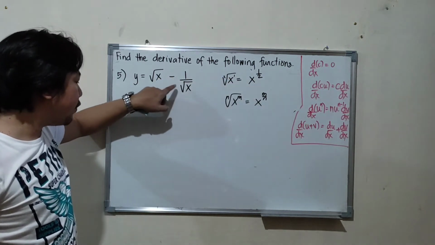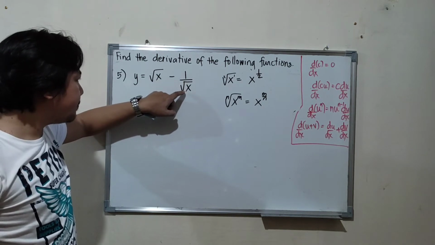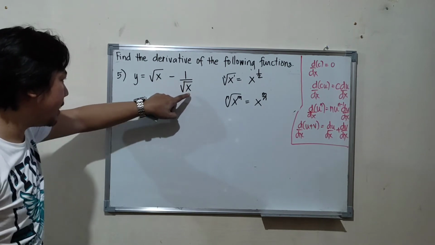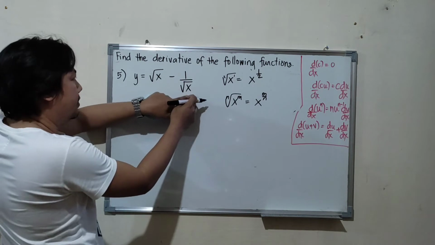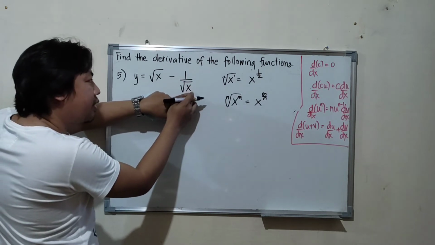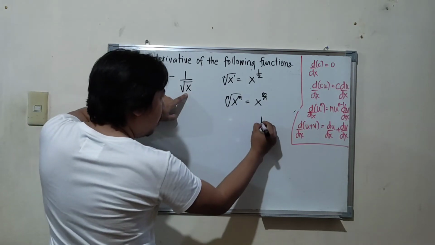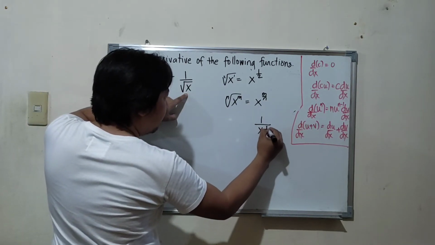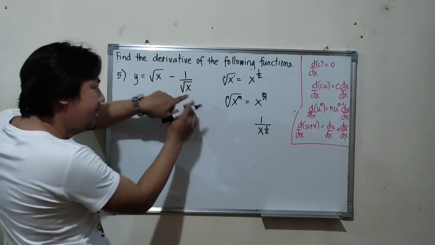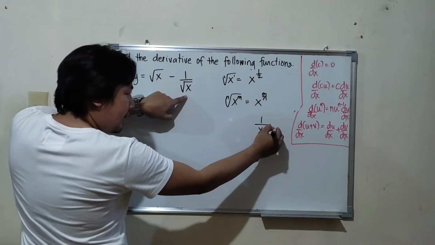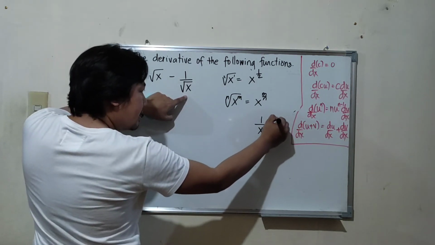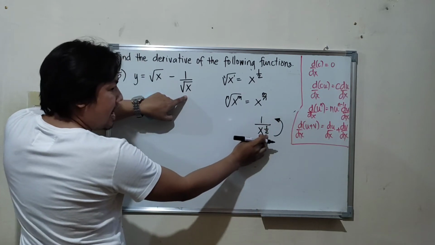Then, for this term, 1 over square root of x, so pwede rin, x raised to 1 half din ito. Then, since nasa denominator, so this is equal to 1 over x raised to 1 half. Okay, so since nasa denominator yung exponent natin, pwede rin natin yung dalhin sa taas by changing this to negative sign.